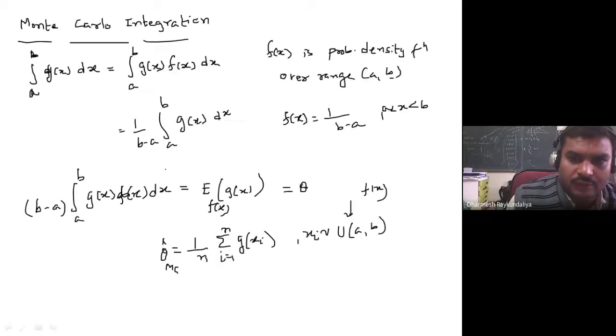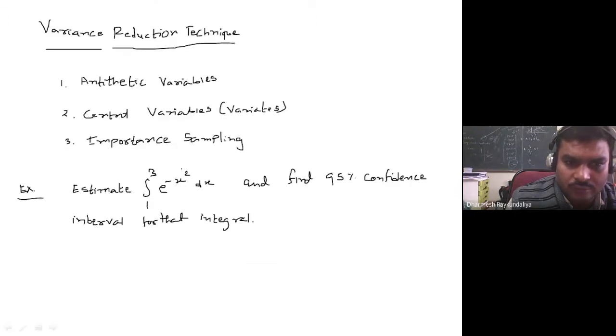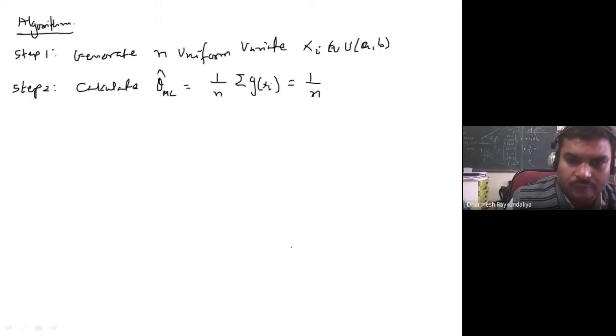In our setup, g is e raised to minus x square. So it is 1 upon n summation i running from 1 to n of e raised to minus xi square, where a equal to 1 and b equal to 3.